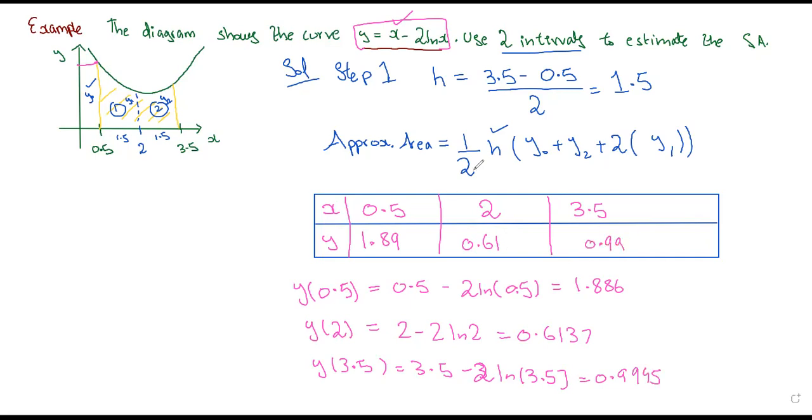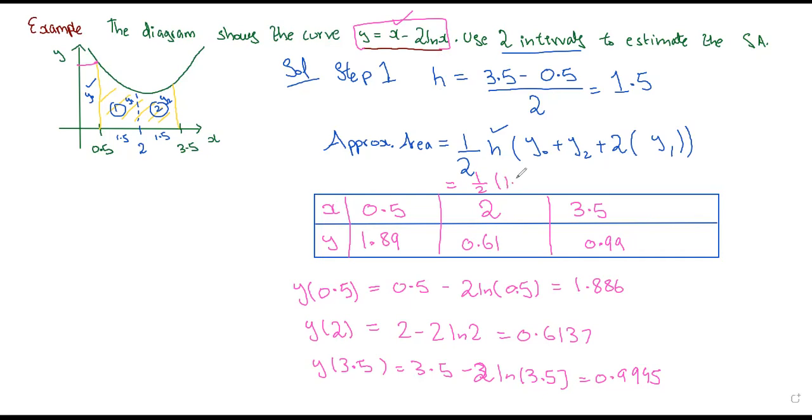Now to find the area, we are going to plug in all the values. So what is h? H is the base, okay? H is the base, and we have calculated h. 1.5.